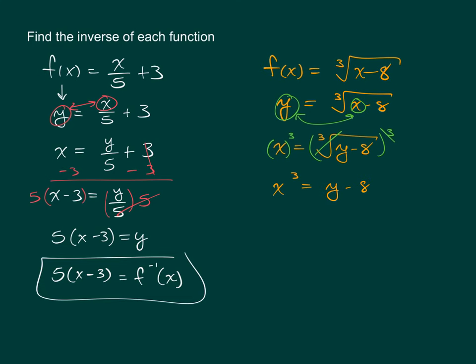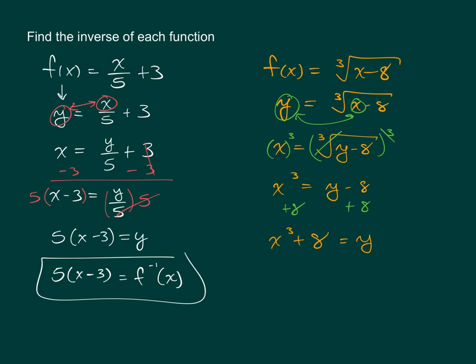And then the very last thing that needs to happen here is to add 8 to both sides. And you will end up seeing that y now equals x cubed plus 8. But again, there was this strange thing here where we swapped the x and the y values.